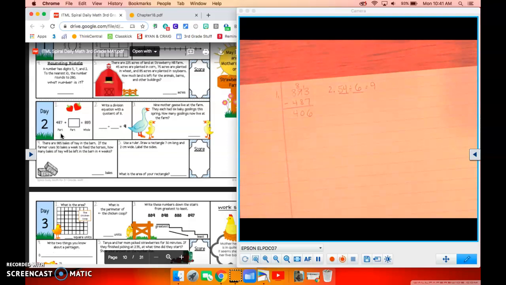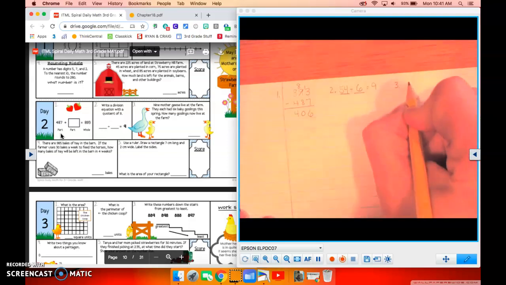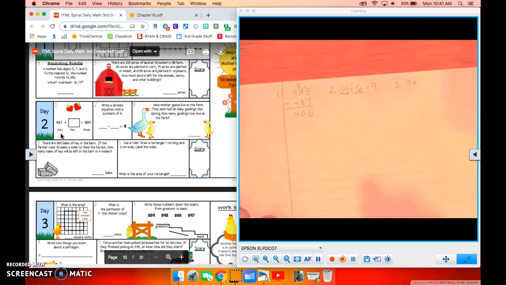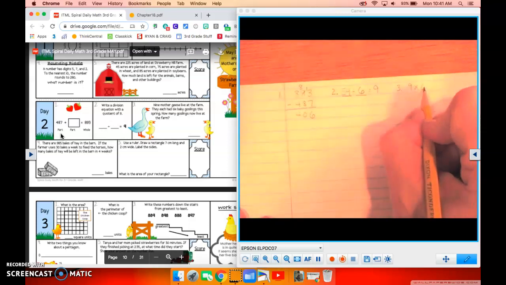All right, number 3. 9 mother geese live at the farm. They each had 6 baby goslings this spring. How many goslings now live at the farm? So here we go. 9 mothers. This is going to be a multiplication problem because it says each one. So each mother had 6 goslings.